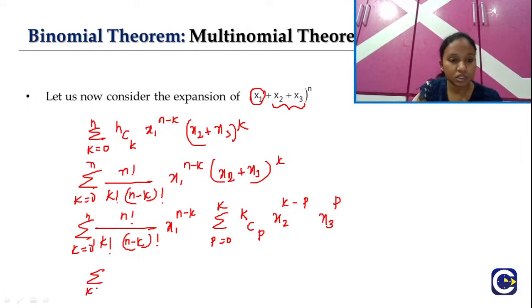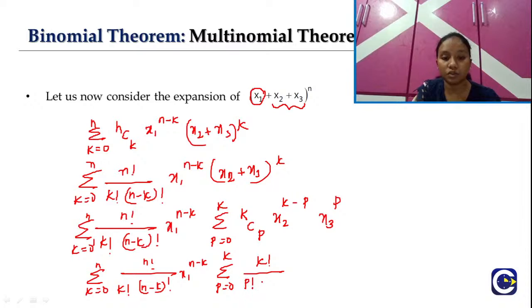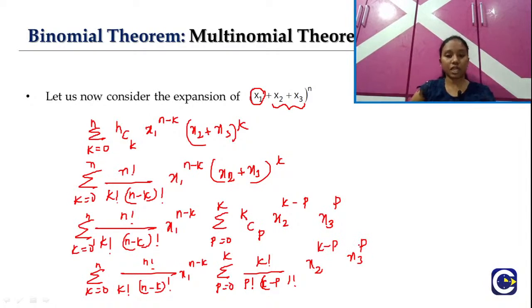So it will be sigma k equal to 0 to n, n factorial by k factorial (n minus k) factorial, x1^(n-k), and the other sigma from p equal to 0 to k, k factorial by p factorial (k minus p) factorial, x2^(k-p) and x3^p. So here we have two exponents, one is n minus k and the other is k minus p.